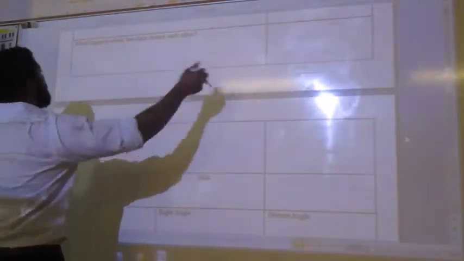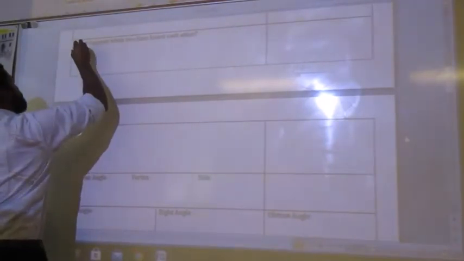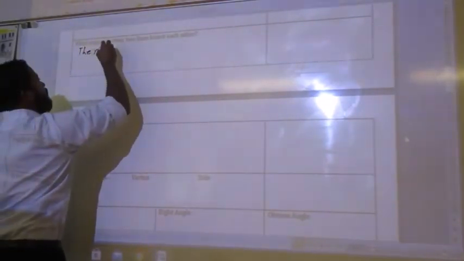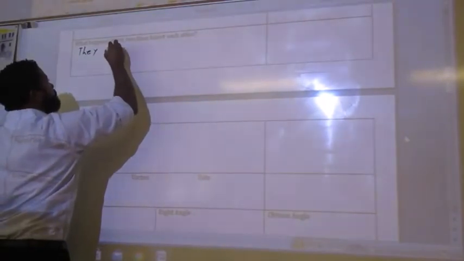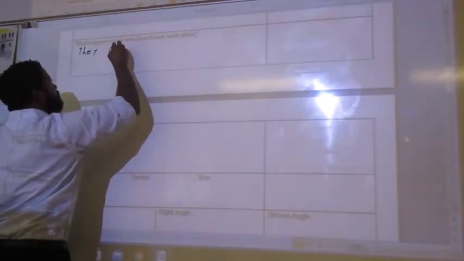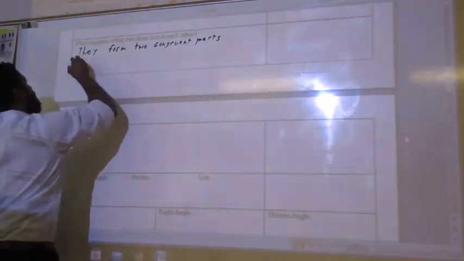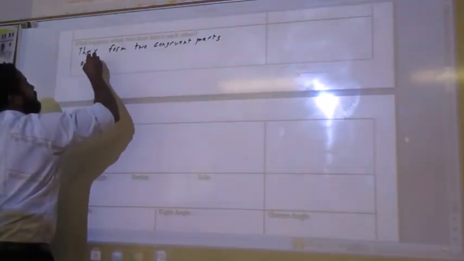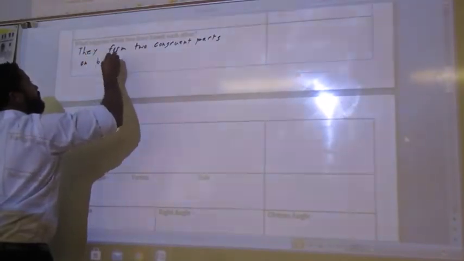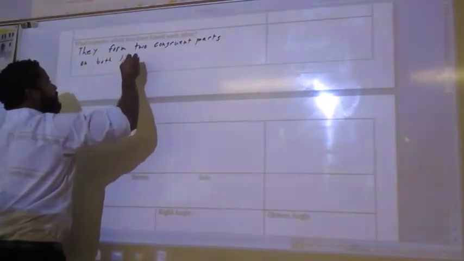Well, when two lines bisect each other, they form two congruent parts on both lines. What does this mean?